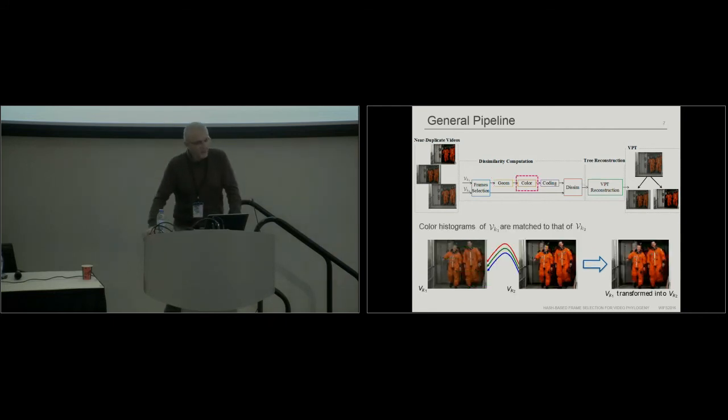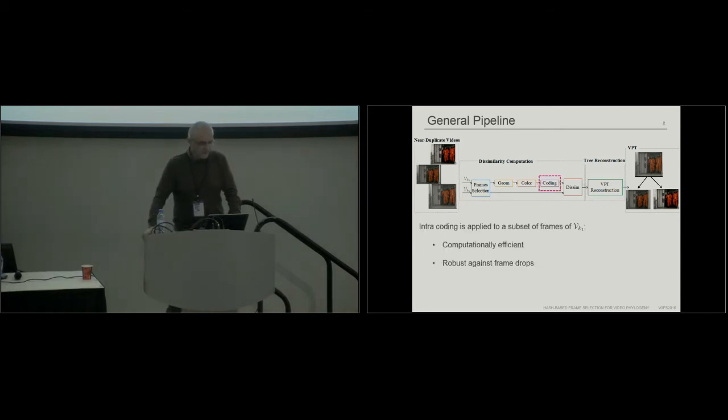The second step is a color transformation in order to create the best possible match between the histograms of the two keyframes that have been considered. And the last step is the recoding of one of the two videos using the same coding parameters of the other video.